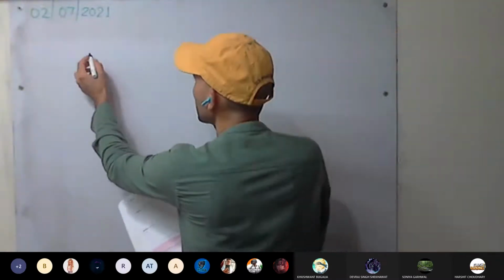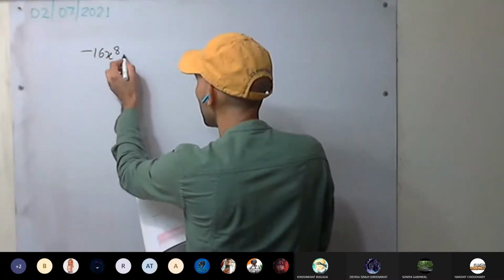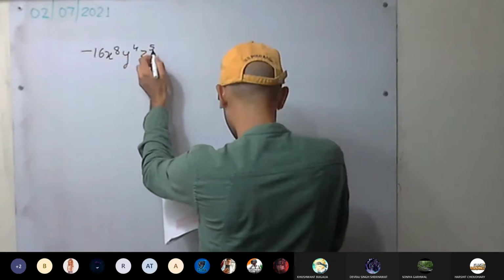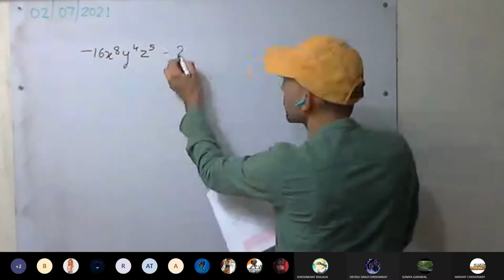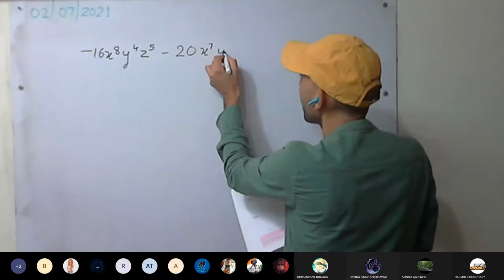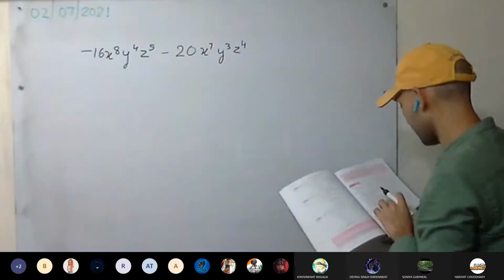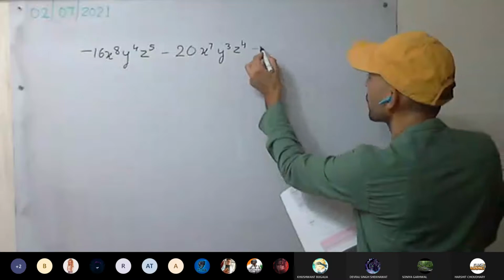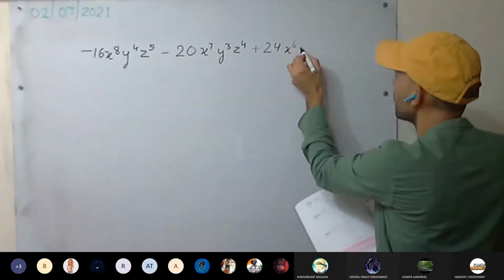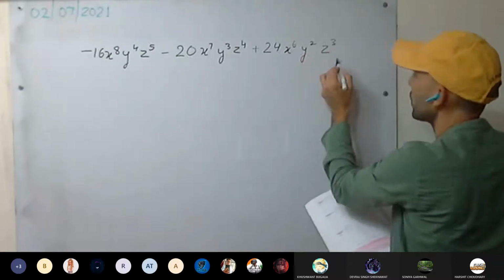Okay. The question is: minus 16 x raised to power 8, y raised to power 4, z raised to power 5, minus 20 x raised to power 7, y raised to power 3, z raised to power 4, plus 24 x raised to power 6, y raised to power 2, and z raised to power 3.